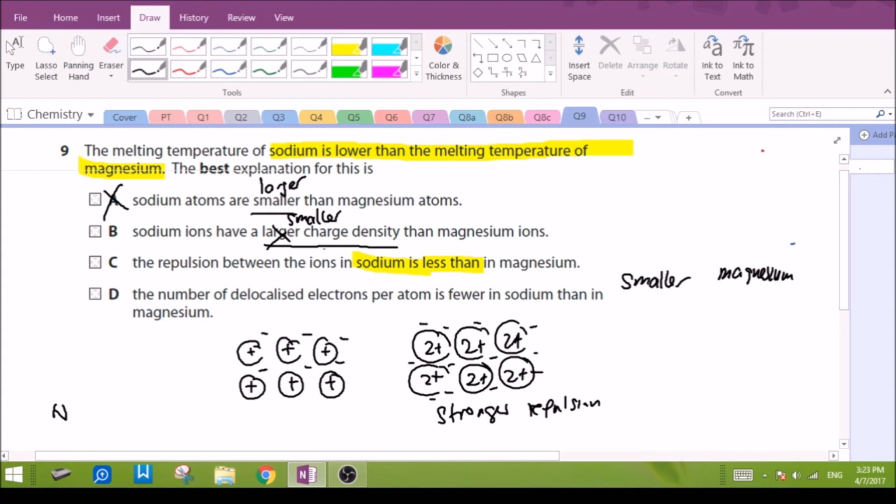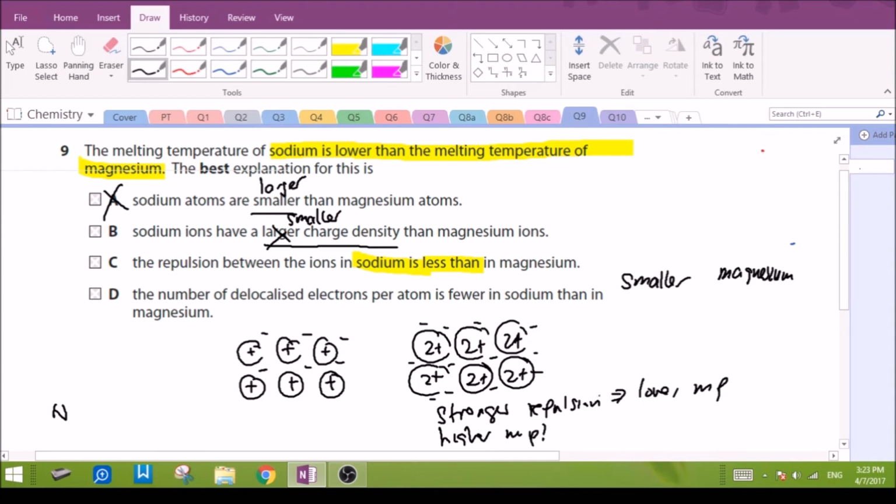So option C is a correct statement, but option C doesn't explain why magnesium has a higher melting point. Because if it does have stronger repulsion, it's easier to separate the magnesium ions from each other. It should have a lower melting point, because with stronger repulsion they can push each other away more easily and we need less energy to separate them.